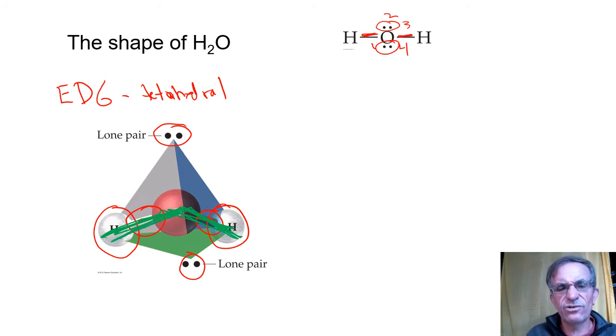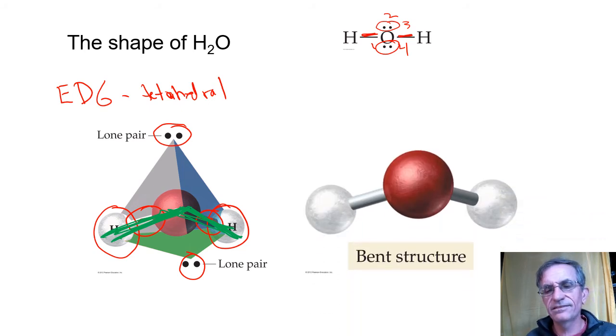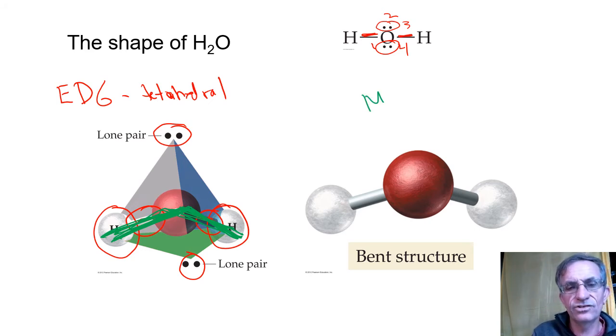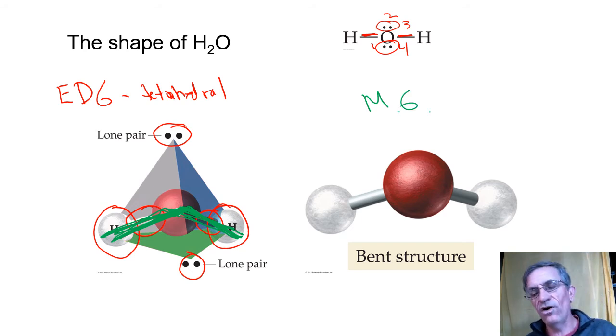The atoms are in a bent line. So it's not linear. Those things are not in a straight line. So it's called being bent. That would be the molecular geometry. All right, so that's a quick run view of all the options. Let's try to sum it up, okay?